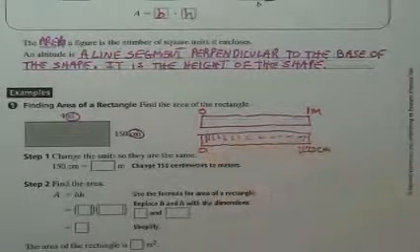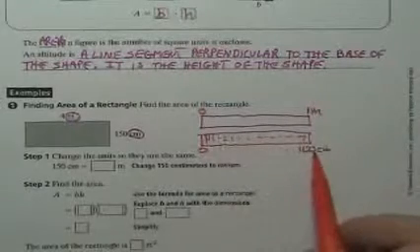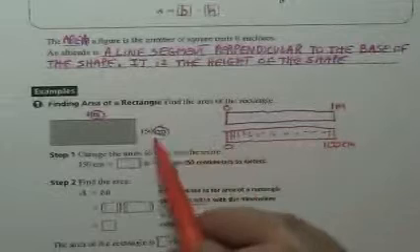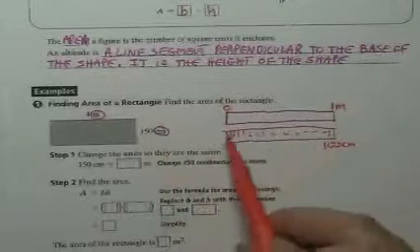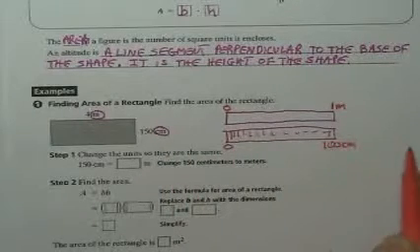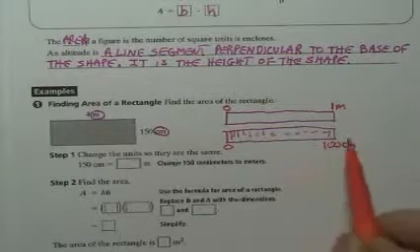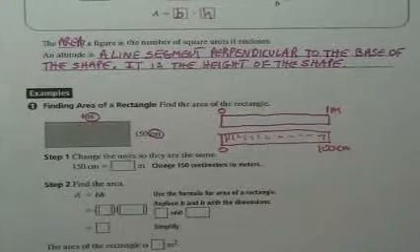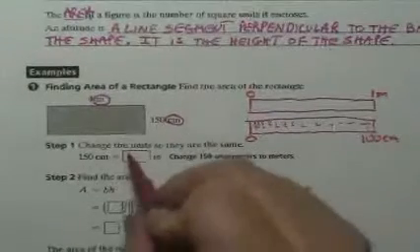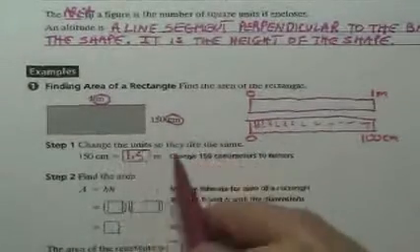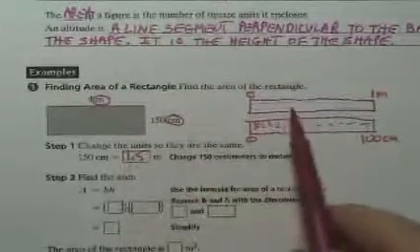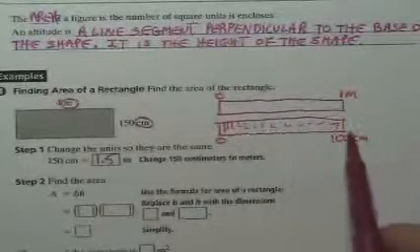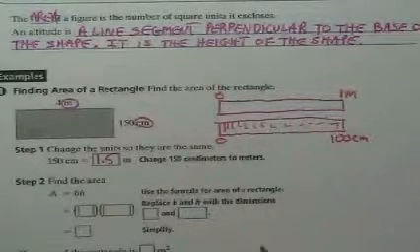So if it takes 100 of them to make 1 meter, how many meters is 150 centimeters? We know 100 is one of these. How much is 150? The answer is 1.5. It takes 1.5 meters, the same thing as 150 centimeters.